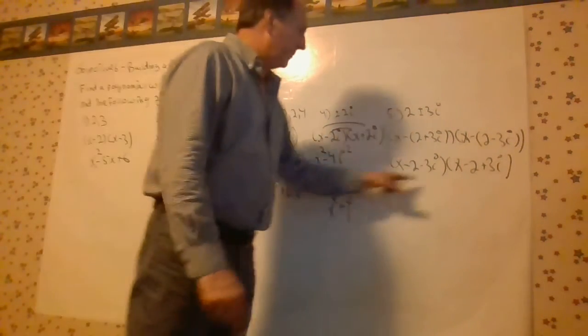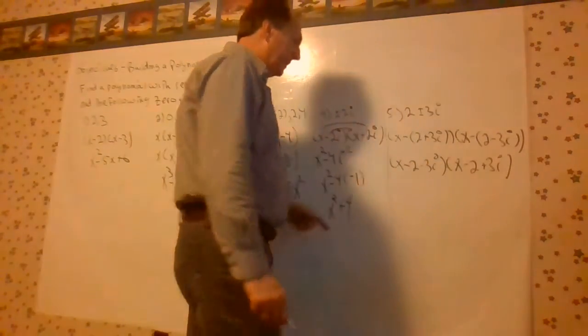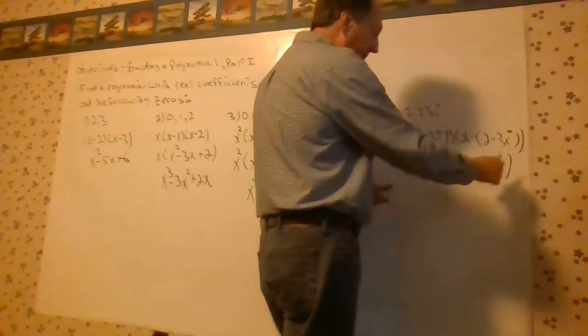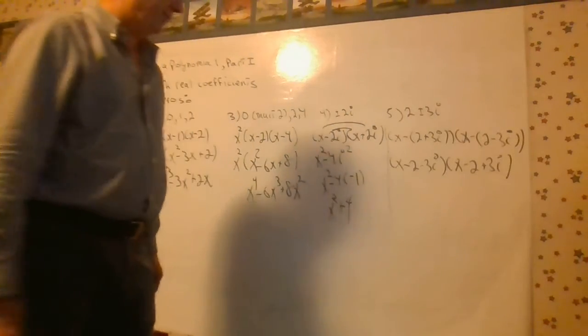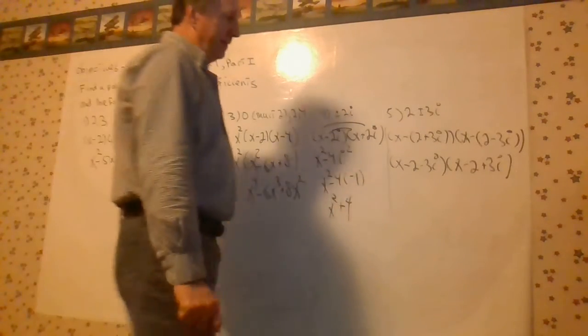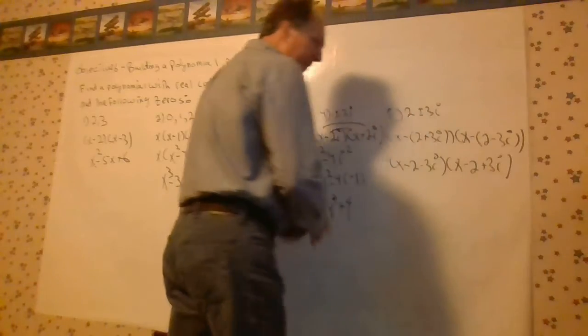We have a trinomial times a trinomial. You can multiply this out by brute force. Distributive law will give you 9 terms, and it will simplify. Or, here's a trick.